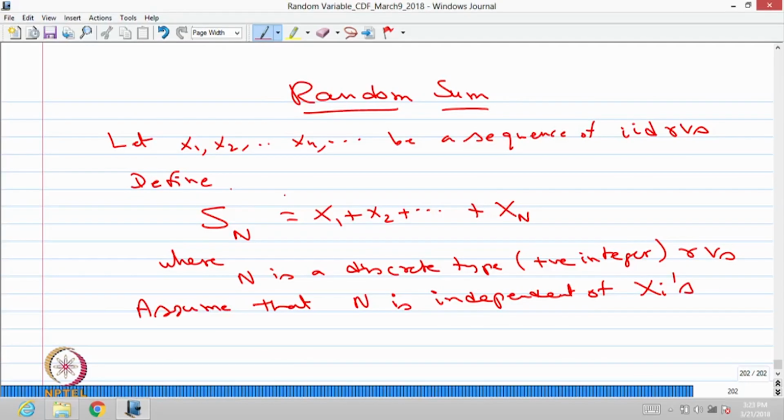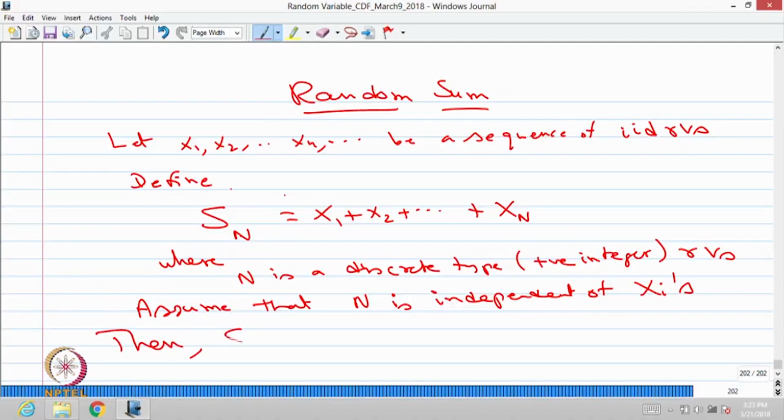That is a positive integer valued discrete type random variable which is independent of Xi's. This capital S suffix N, that is called a random sum.